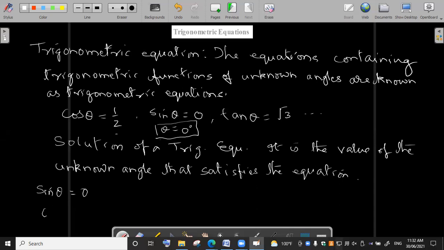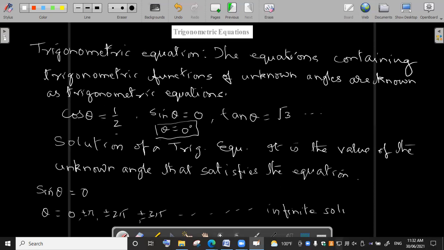We can put the value of theta as 0, pi, minus pi also, plus minus 2 pi, plus minus 3 pi. Any value if you put, you get 0. So that means the equation will have infinite solutions.